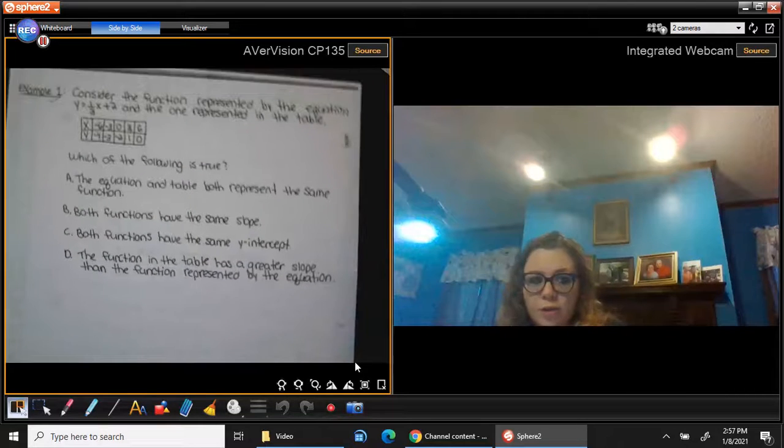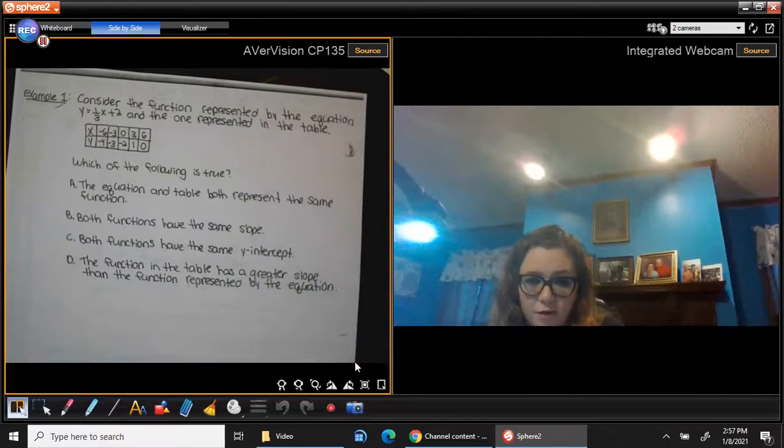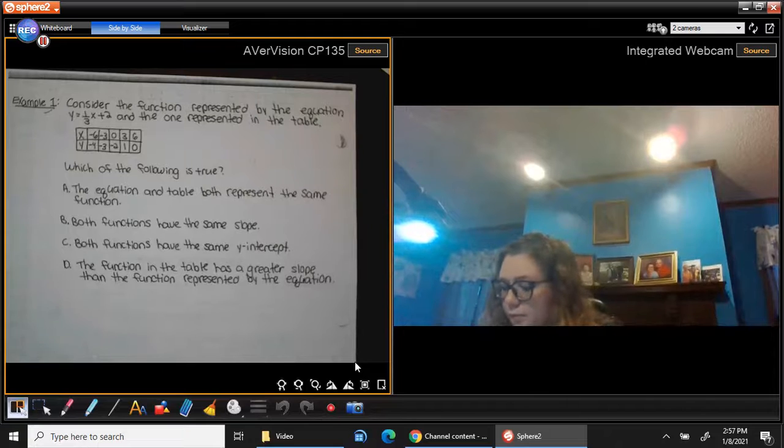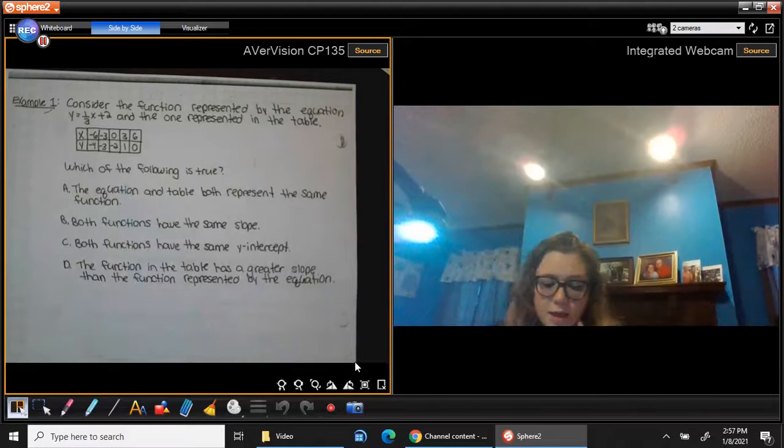So I do want you to write example 1 and 2 in your notebooks. This says, consider the function represented by the equation y equals 1/3 x plus 2 and the one represented in the table. So I have 2 different functions.